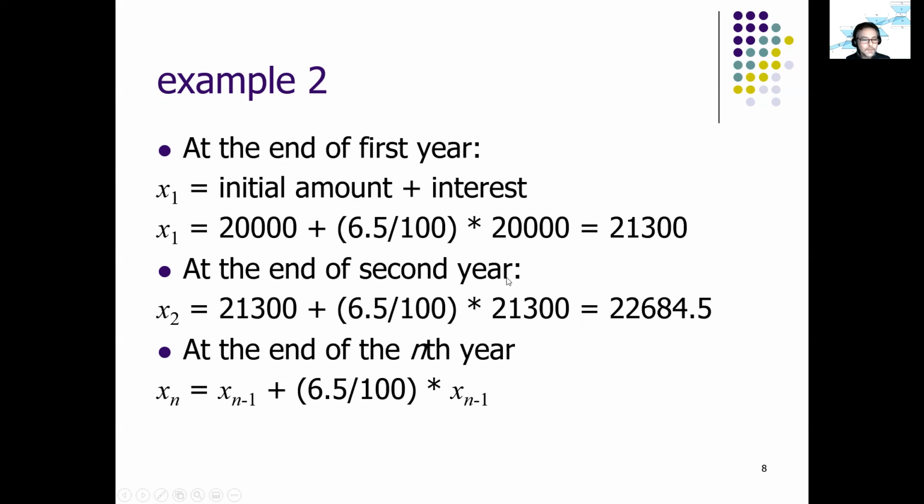At the end of the second year, the initial state is the amount we had at the end of the last year, plus the percentage of interest multiplied by the amount of money. And at the end of the nth year, we are following this kind of sequence: the new value is the old value plus the interest times the previous state.